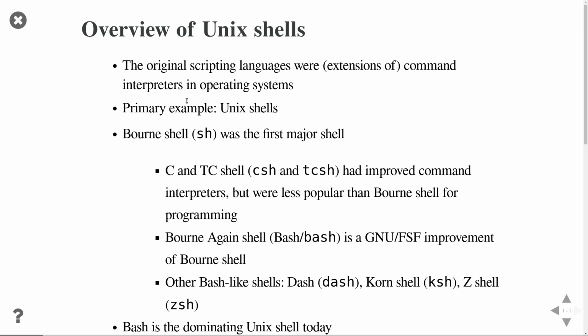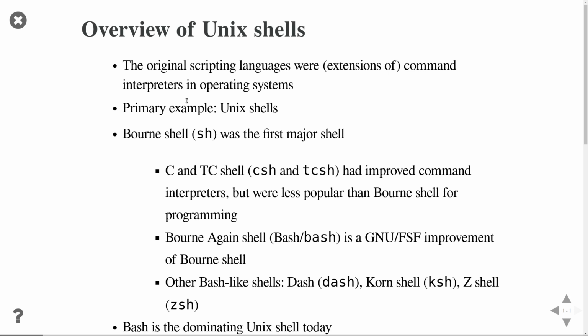So when we do scripting nowadays, it really roots from what used to be simple command interpreters that we use in the operating system. The primary example of that is the Unix shell.